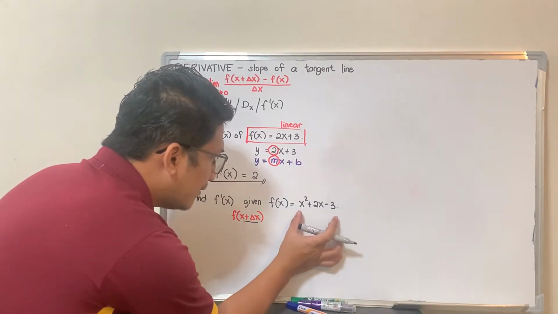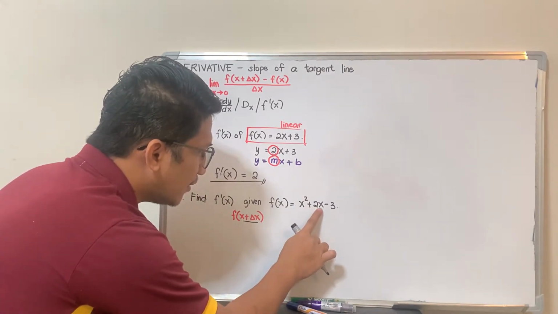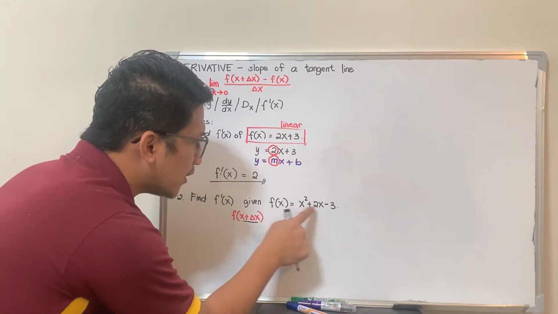In this function, the independent variable is x. So whatever is inside, if it is 2, then x is 2.